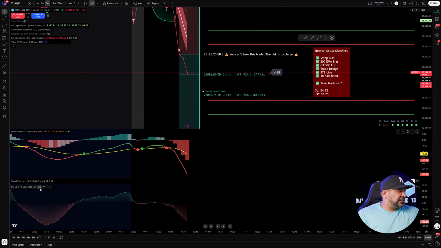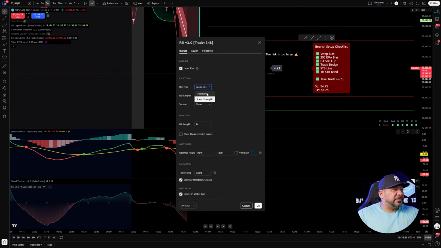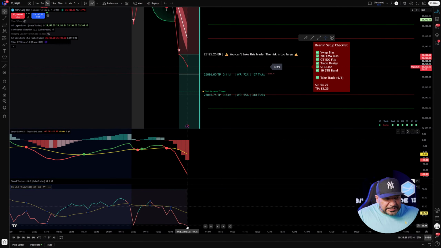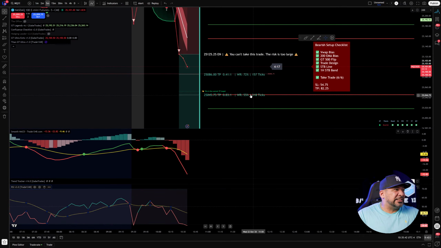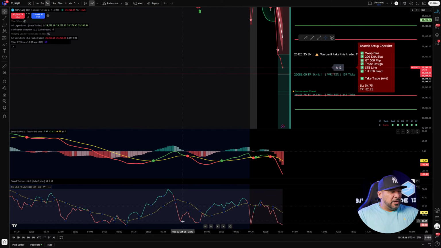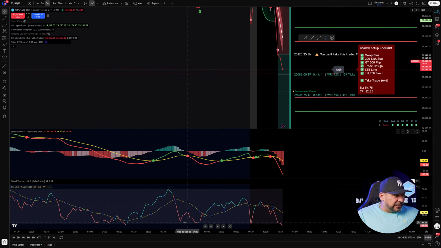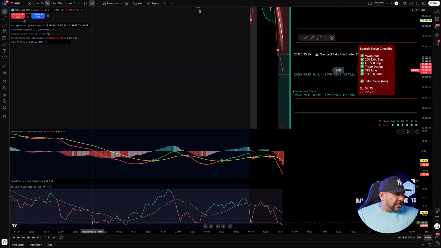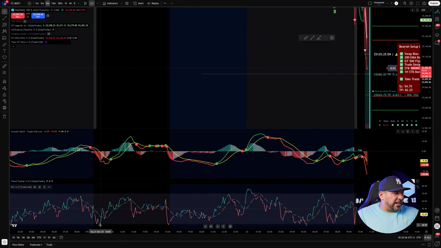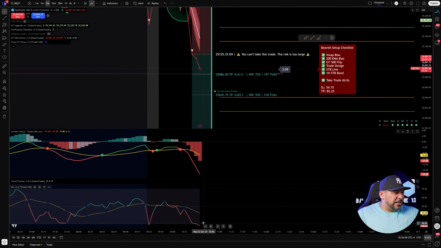But let's change the RSI. Let's change it from spear strength to traditional. And traditional has us at 28.08. When we look at this, we could see that it's around here that you tend to bounce. Look at the values, known values. This is 28.